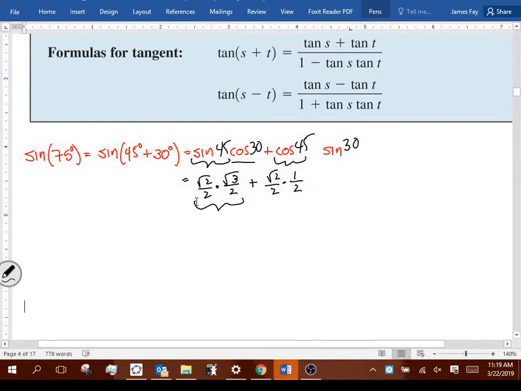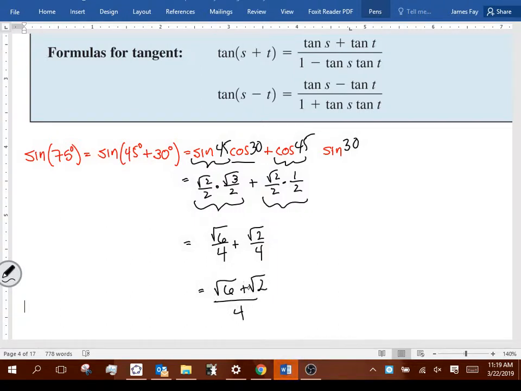Can I multiply those together? Radical 6 over 4. And radical 2 over 4. Is that a common denominator? Radical 6 plus radical 2, all over 4. That is the sine of 75.